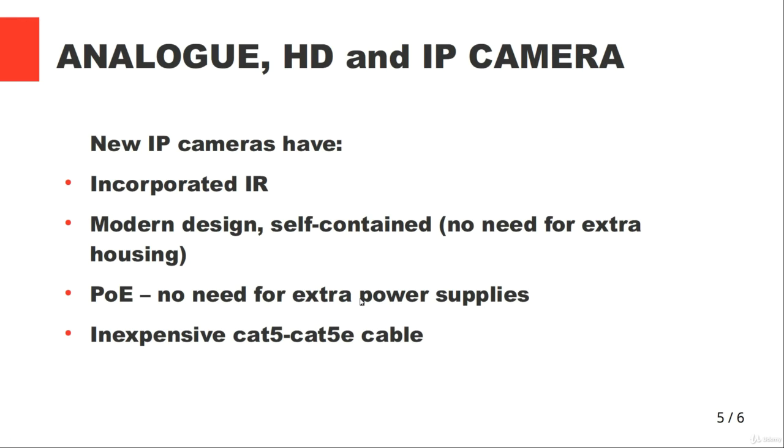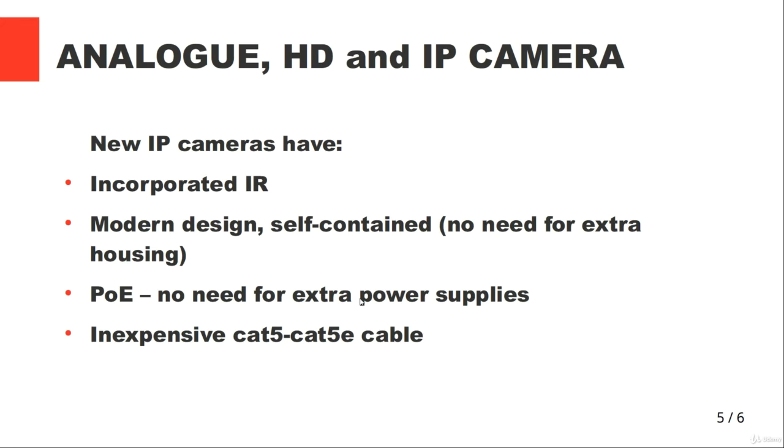Again, in IP cameras, as in modern HD, you have incorporated infrared. You have those LEDs around the lenses, and that's a pretty decent distance. Modern design, self-contained, no need for extra housing. And there is also something called PoE.